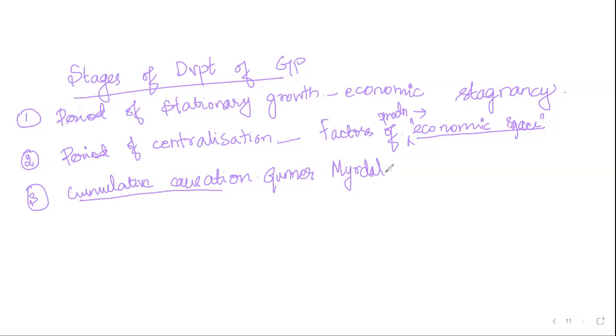The period of stationary growth is over, the period of centralization is over, and what we have seen up to point number 2 is the initiation of an economic space. Now, what will happen is this economic space that is getting initiated will slowly start to absorb a leading industry or a propulsive firm towards that particular center.